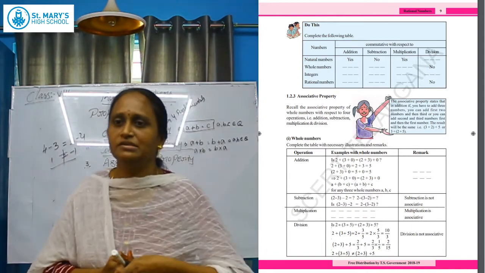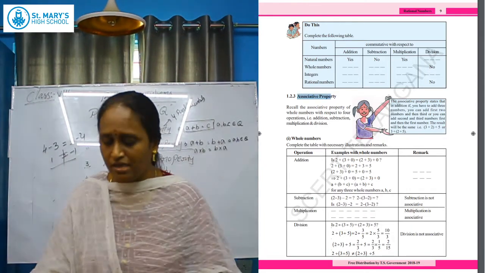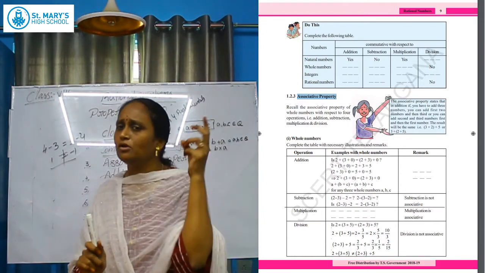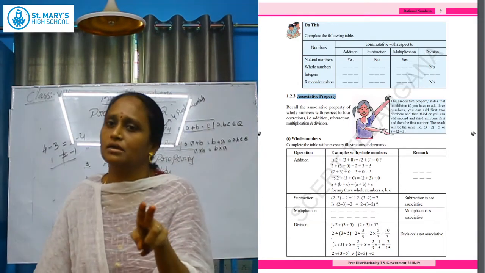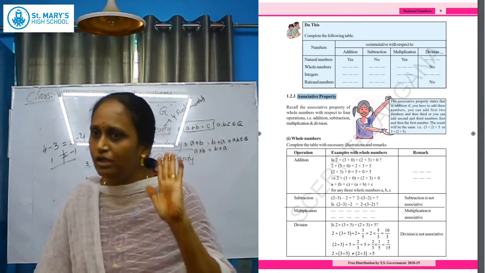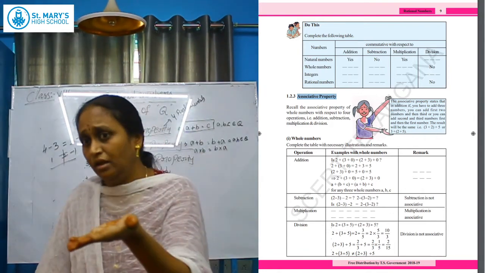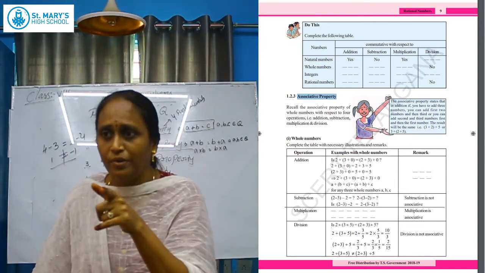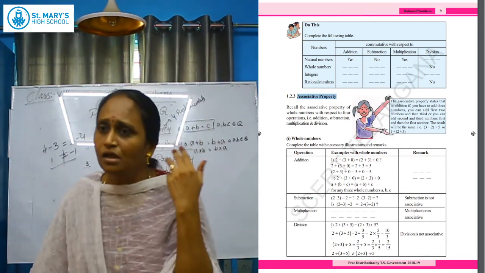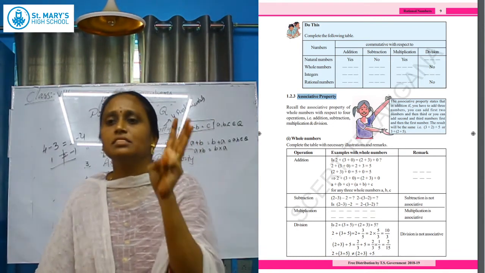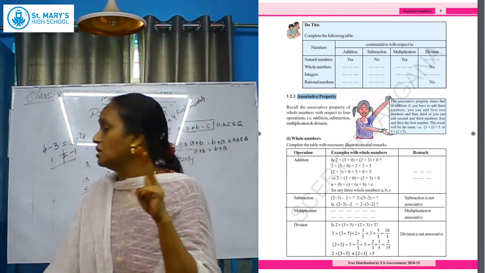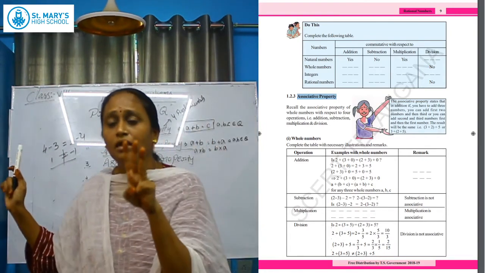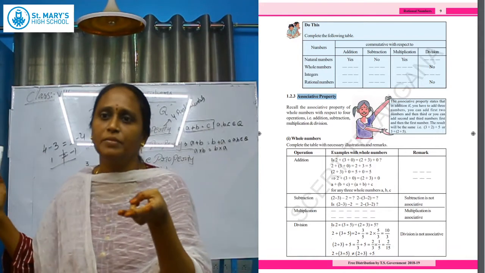In the closure property and the commutative property we take only two integers, a and b. But in the associative property, how many rational numbers do we take? We have to take three rational numbers.